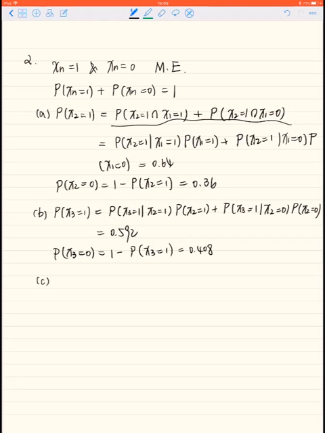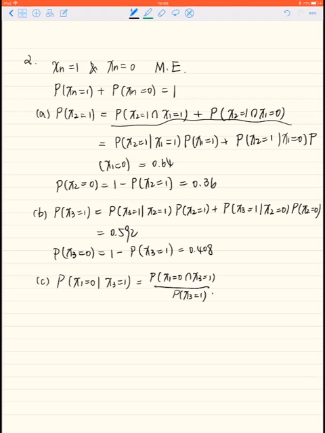Now question C is the probability that X1 equals 0 given X3 equals 1. This is quite a tricky problem because X3 happens after X1, so now we have to do some transformation. By the conditional probability, this equals the probability that X1 equals 0 intersected with X3 equals 1, divided by the probability that X3 equals 1.